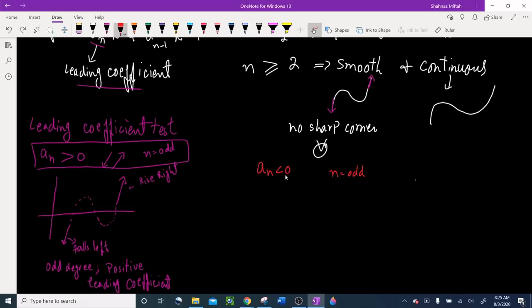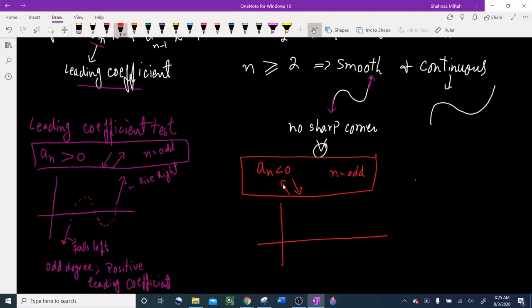So if this is the case, less than 0, which means the leading coefficient is negative, the graph rises to the left and falls to the right. So you guys should memorize that. And how does the graph look for this?